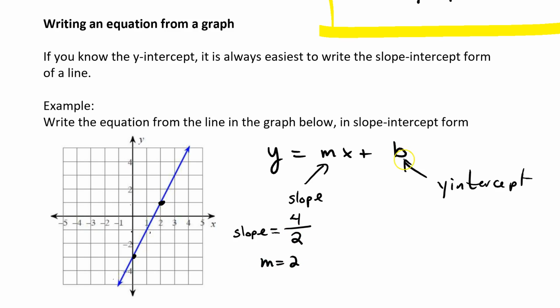I know that my y-intercept is happening at -3. So I can put it all together. Y equals 2x minus 3. Boom. That is my final answer. Because the slope is 2, up 2 over 1, up 2 over 1, up 2 over 1, and my y-intercept is -3.